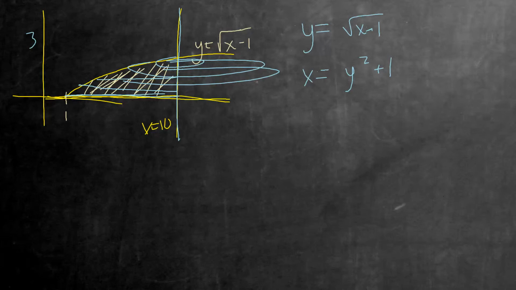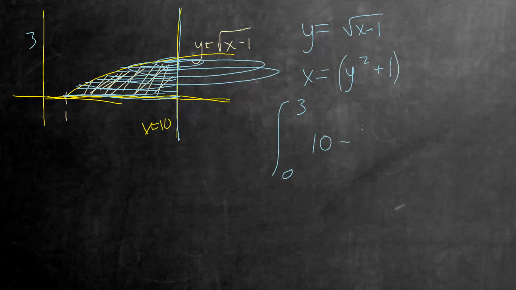So as we move on, our radius gets smaller and smaller and smaller. So we're going to go from 0 to 3 of 10 minus x. So x is changing.